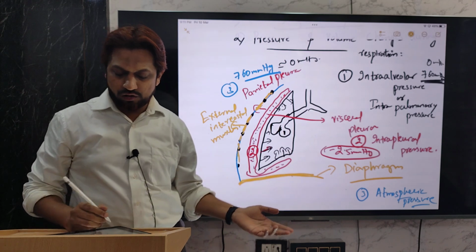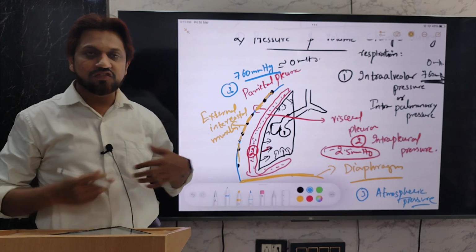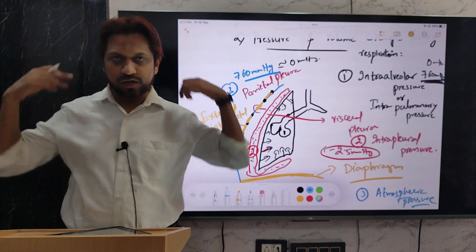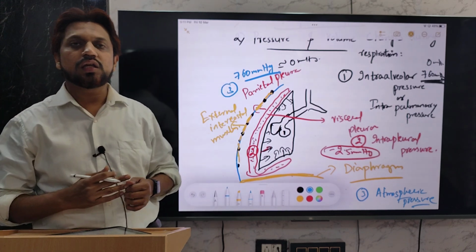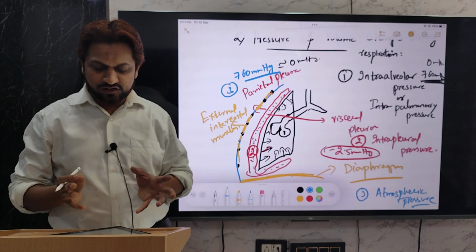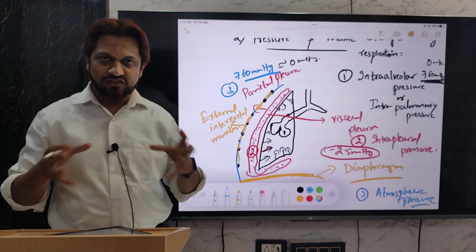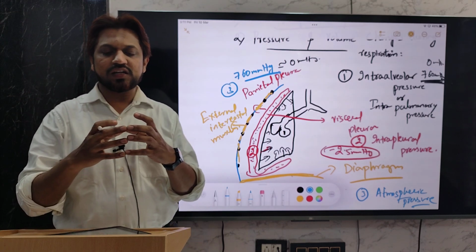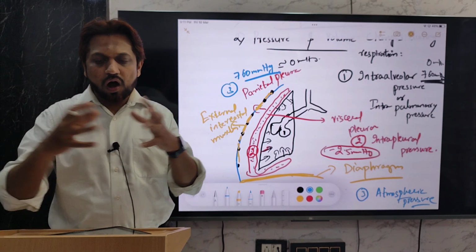On the other hand, if we consider the chest wall, meaning the rib cage, sternum, and posteriorly the vertebrae, this structure is again an elastic structure. So this also will tend to recoil, that is elastic recoil outside.